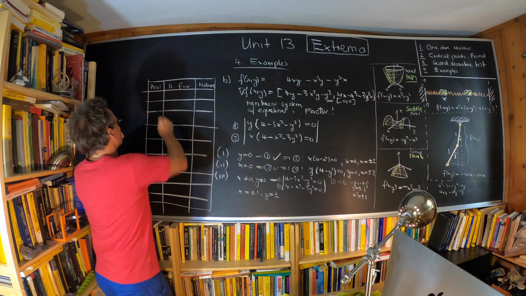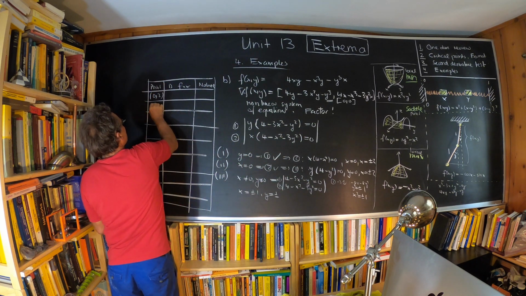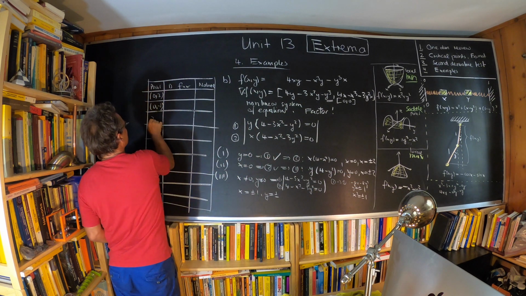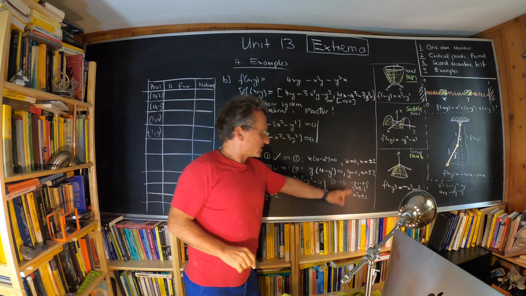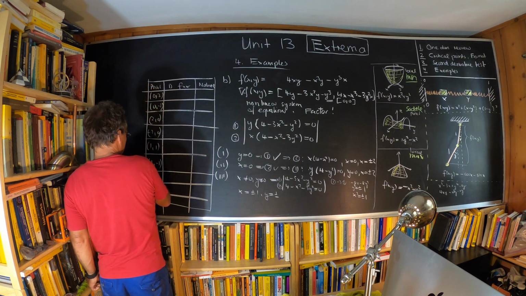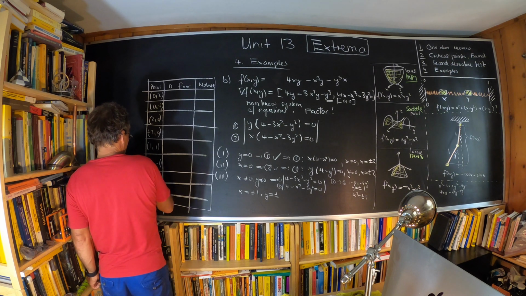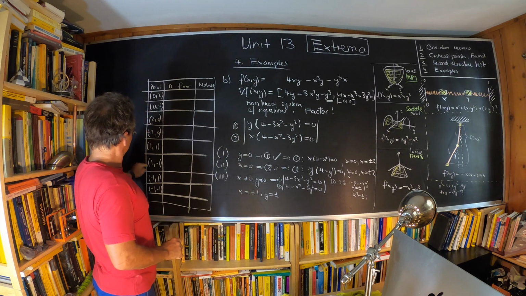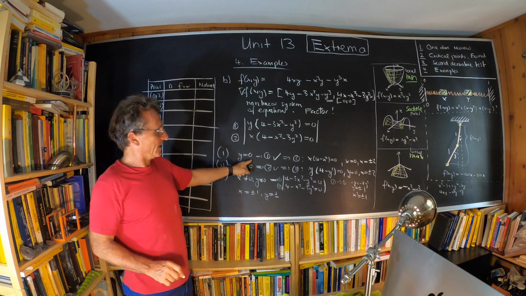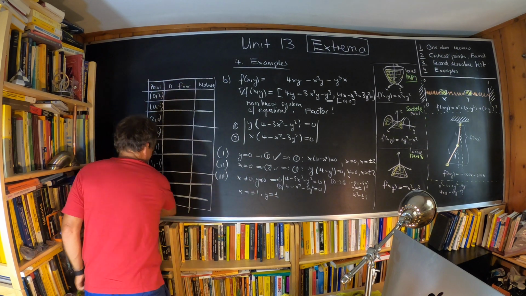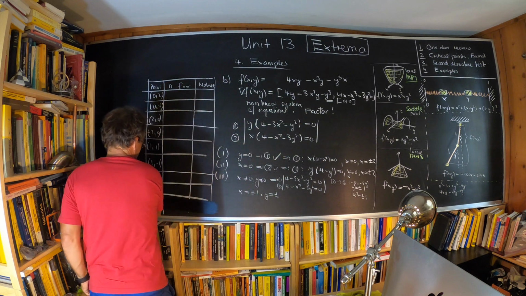So 0, plus or minus 2: it's 0, 2, 0, minus 2. We have 2, 0, and minus 2, 0. And then we have the points 1, 1, 1, minus 1, minus 1, 1, minus 1, minus 1, that's 8 so far. And then we forgot one case, which is x equal to 0, y equal to 0. So there are 9 points.